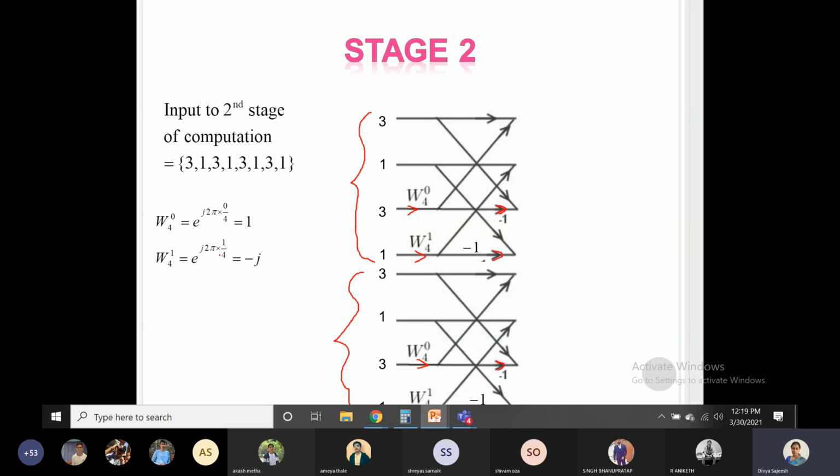Can you check it, if you have the notes? No, ma'am, I didn't note it down. Anyone else, have you noted the definition for the twiddle factor?